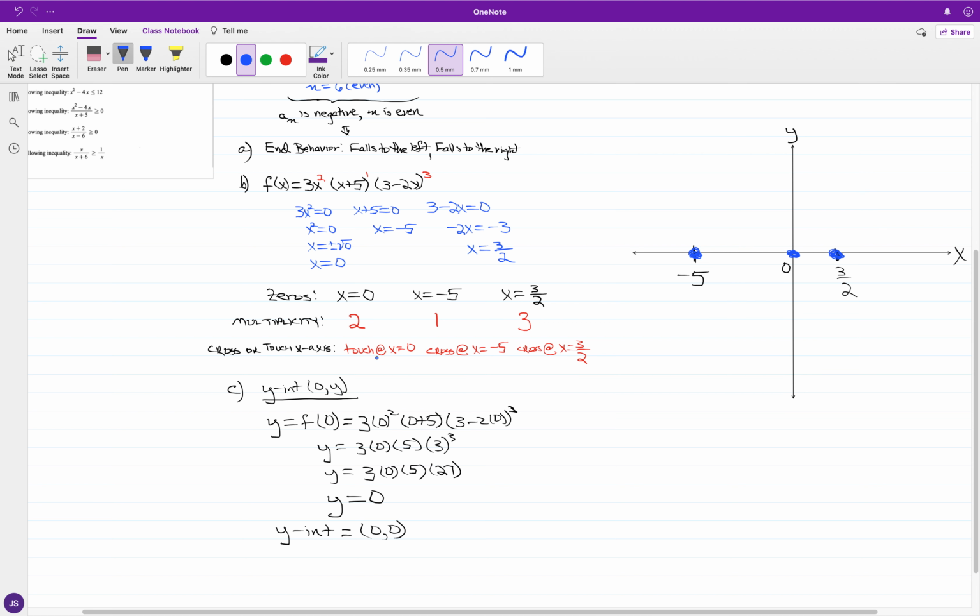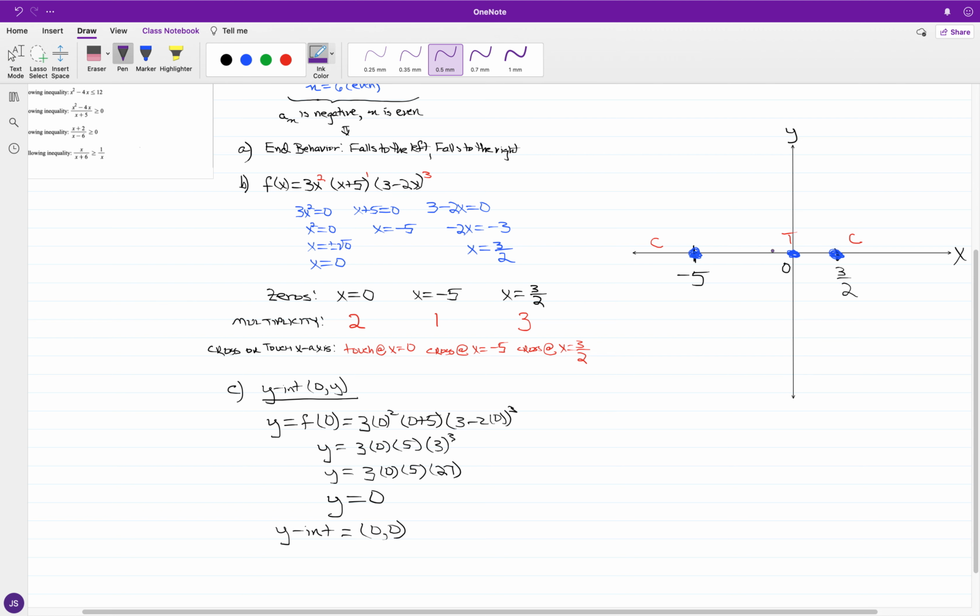And notice, at the locations, at the origin, the graph is going to touch. At 3/2, the graph is going to cross, and at x equals -5, the graph is going to cross. And just for the general behavior of the graph of this function, if we look at the end behavior, you're going to have falls to the left, down to the left, falls to the right, down to the right.